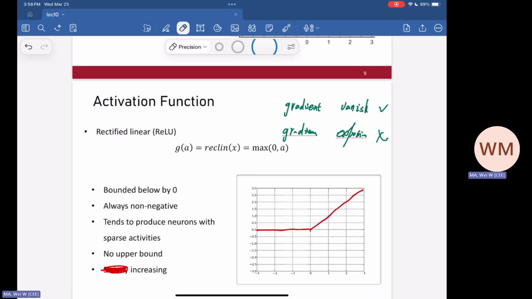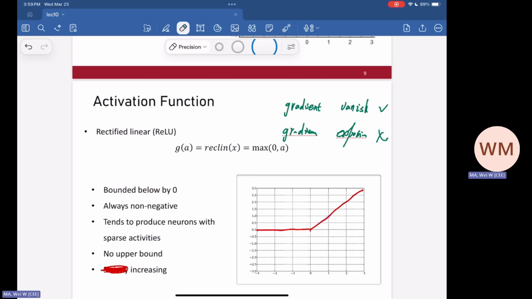People sometimes use this, but you can say that ReLU is a milestone. After ReLU, people found that ReLU is pretty useful, and the others look very similar to ReLU, but they modify it a little bit. Before ReLU, it was more like sigmoid.